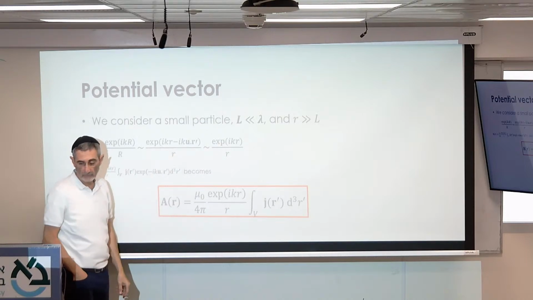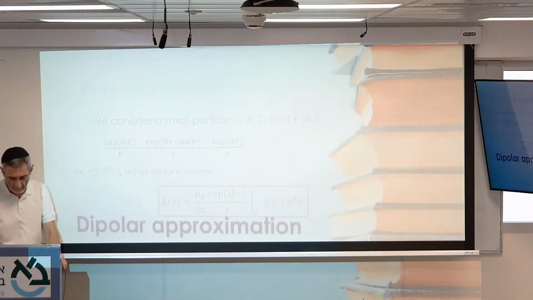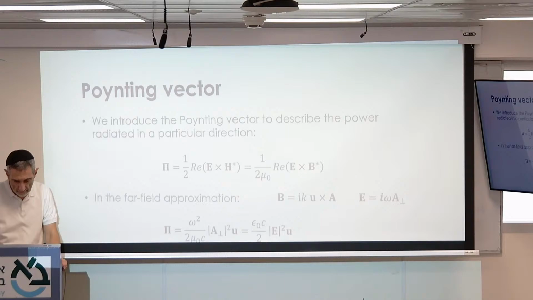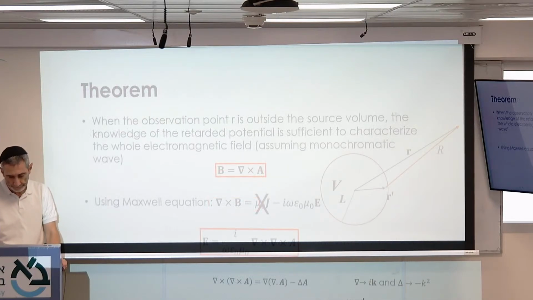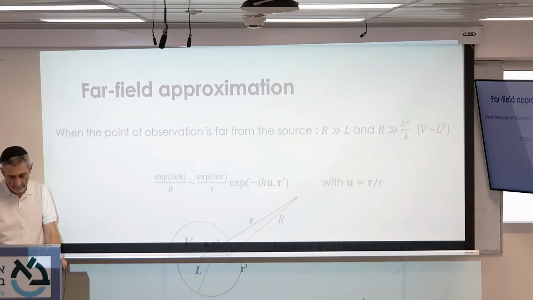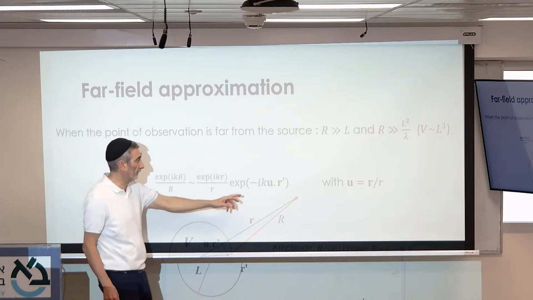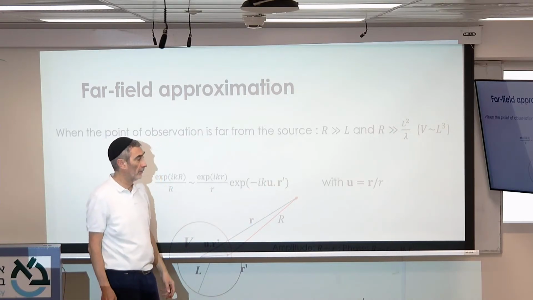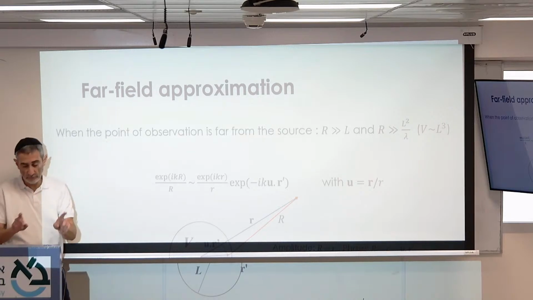I can go back if you want. I remember what u means, but I don't understand the dot. Sorry, it's the scalar product, the dot product between two vectors.